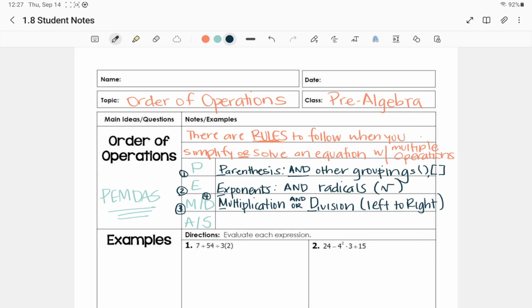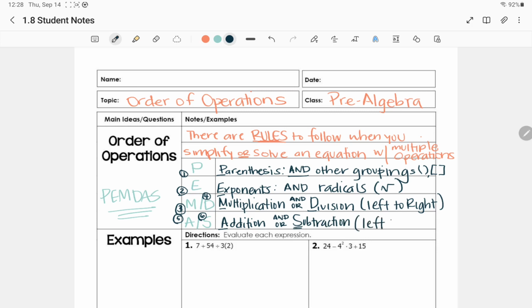It's left to right. And the same thing for A and S. If you haven't guessed, it would be addition and subtraction. We're going to say 5 and 6. Addition and or subtraction, and the same thing, left to right.